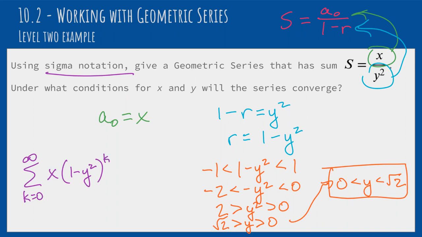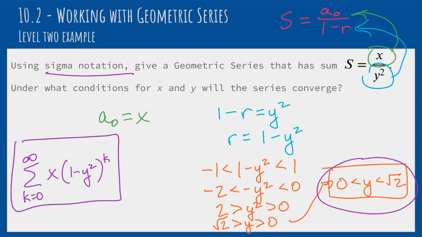And we're going to raise that common ratio to the k power. So when k is 0, this is going to be 1, and the first term is just going to be x. And then each time k increases by 1, we're going to be multiplying by 1 minus y squared one additional time. So this geometric series will converge for values of y between 0 and the square root of 2, and we'll have a sum of x over y squared.